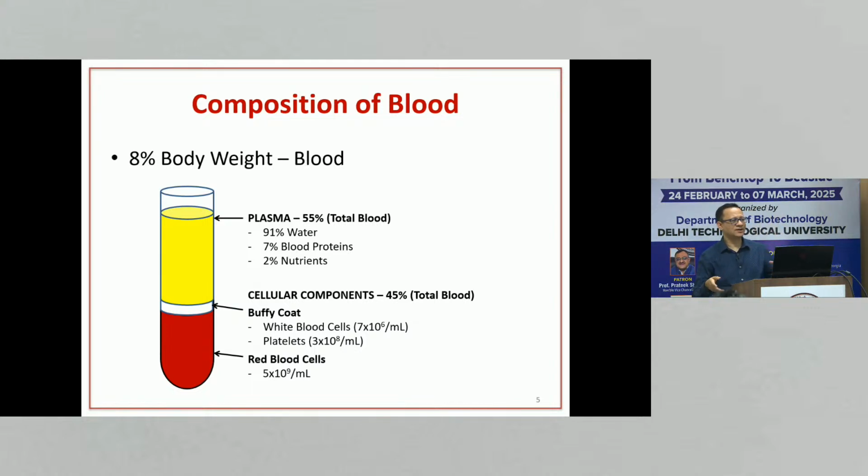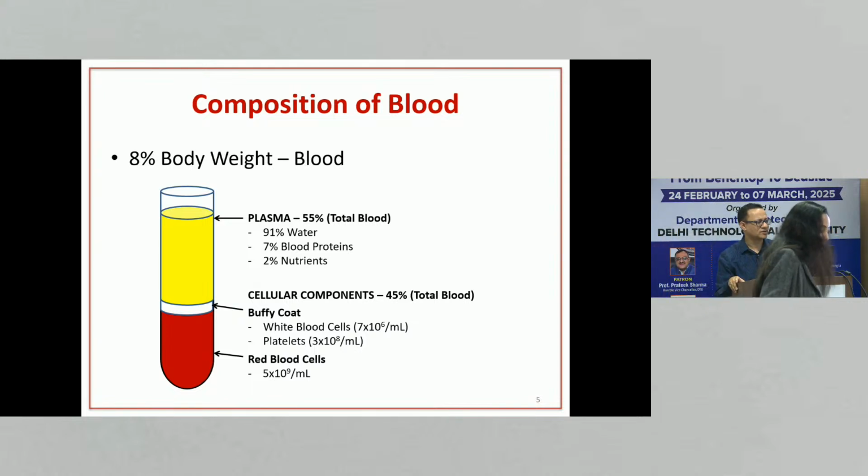So now why do you think blood clots? When it's in the body, it's just fine, it's flowing properly, but as soon as I draw it in a syringe or vacutainer, why is it clotting? You all are B.Tech, right? Undergrads?